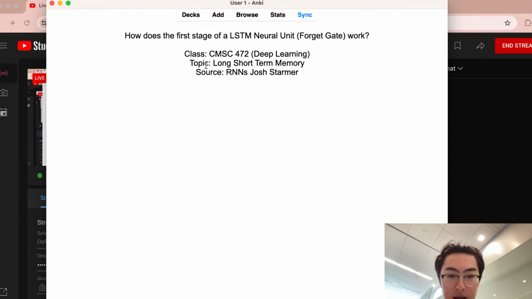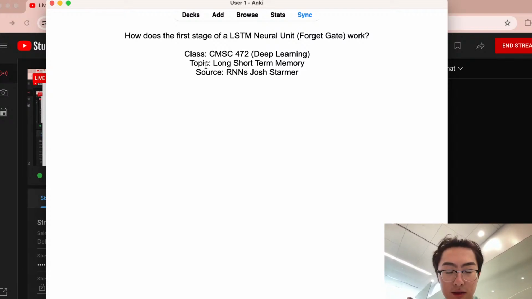First stage is called the forget gate. The forget gate, big idea. All it does is it determines how much of your long-term memory should be used in the neural unit. And it depends on two things. So the input to the neural unit and then also short-term memory.